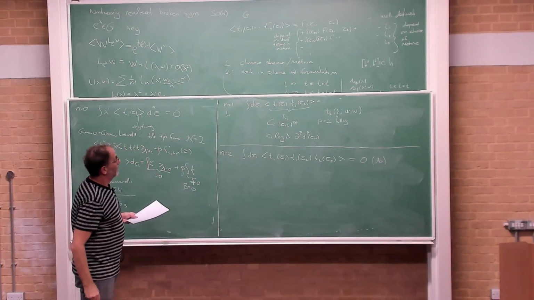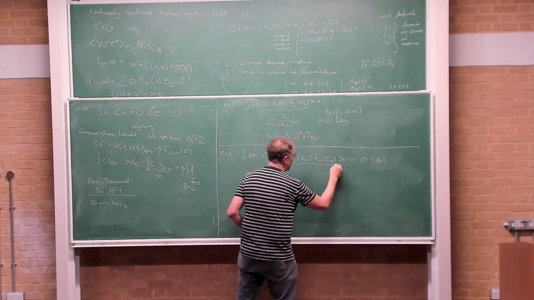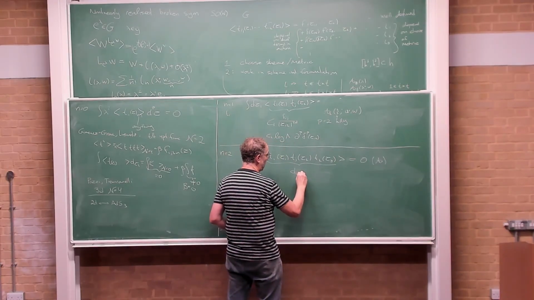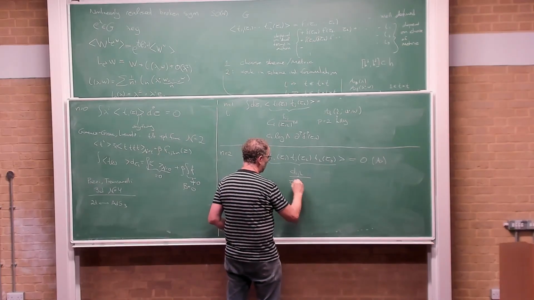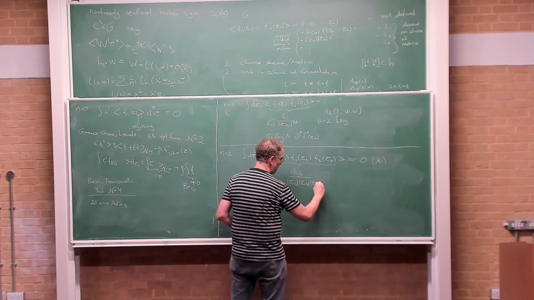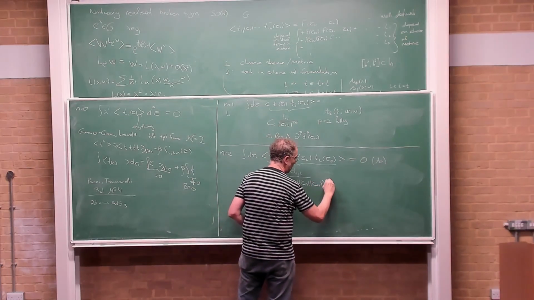And now the 3-point function in a CFT is equal to some structure constant d_ijk over |τ12||τ13||τ23|, all that to the power p.